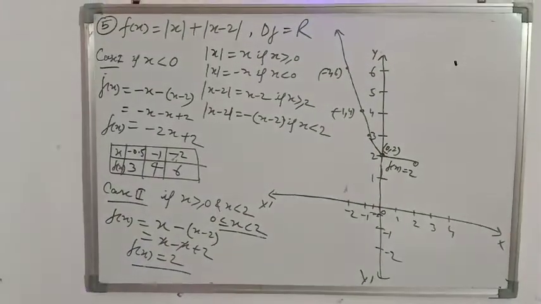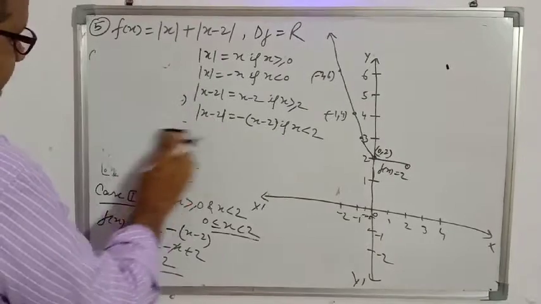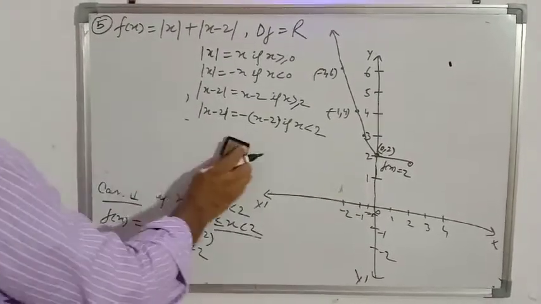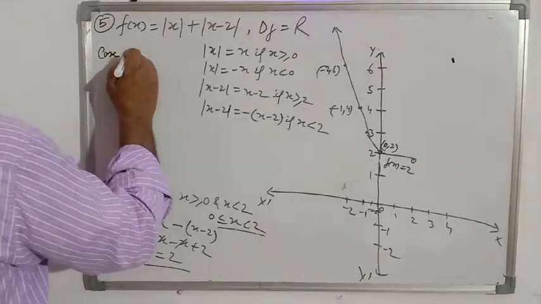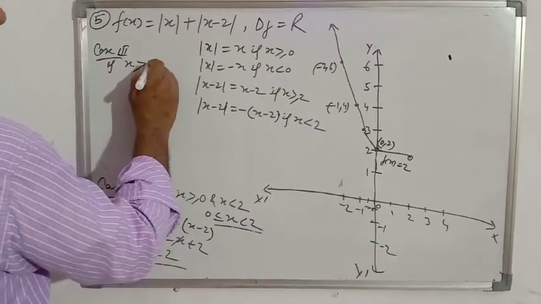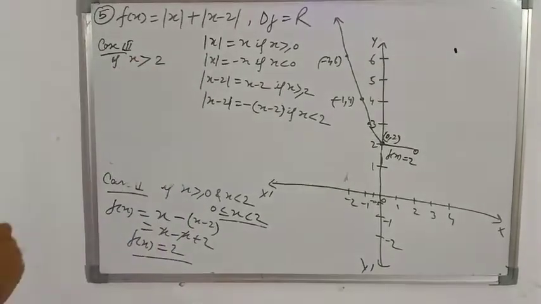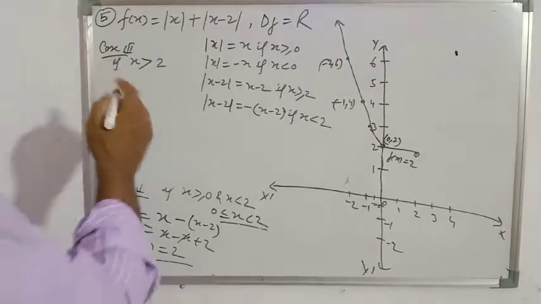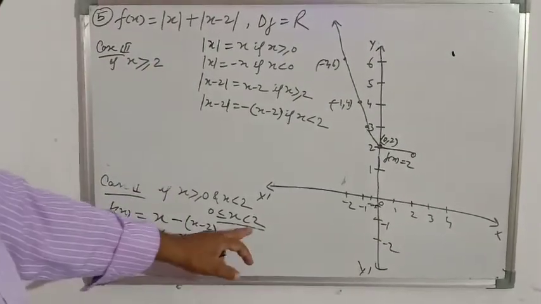Now third case. So see the third case. Case third, if x is greater than or equal to 2. Here I have taken less than 2.